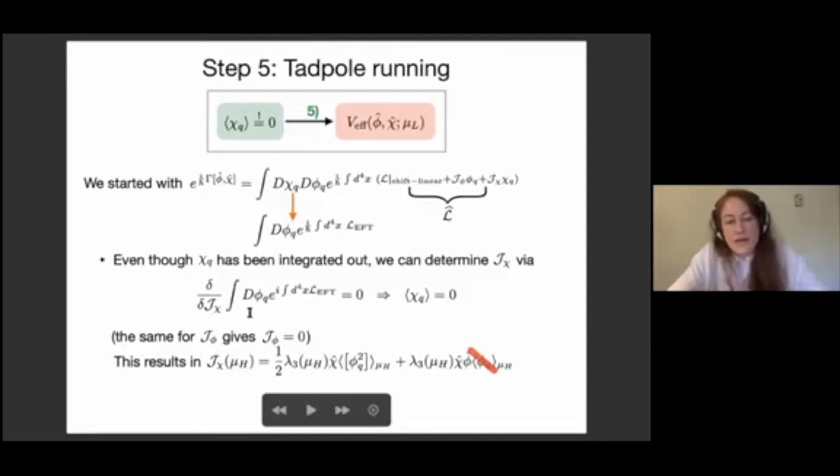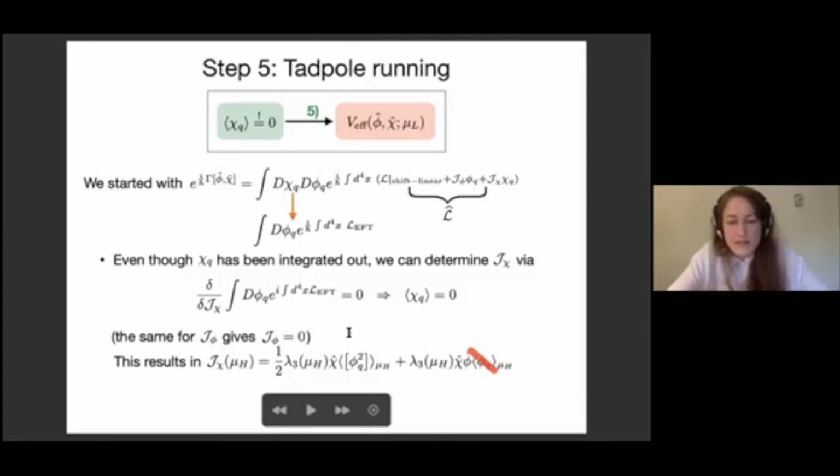And so this functional variation is going to just give me the 1-point function of chi quantum, and I can just do this in the EFT, set it to 0, and then this will allow me to solve for the curly J's.